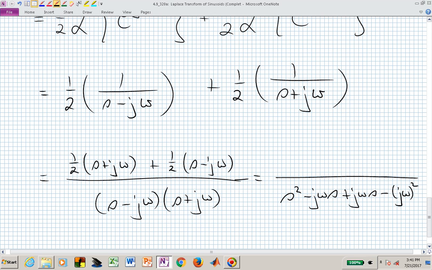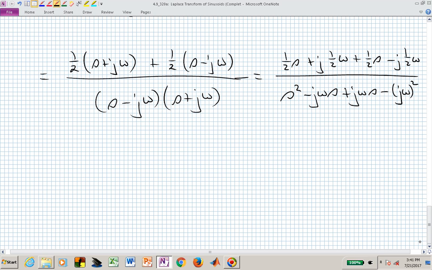Upstairs, you can hopefully see that we have 1/2 s plus j 1/2 omega plus 1/2 s minus j 1/2 omega. And now we're starting to see things simplify. Downstairs, the imaginary terms cancel, and we have a j squared subtracted from s squared scaled by omega squared, or downstairs we have s squared plus omega squared.